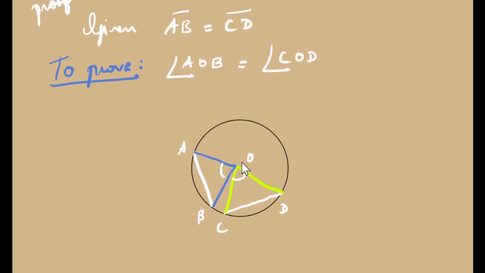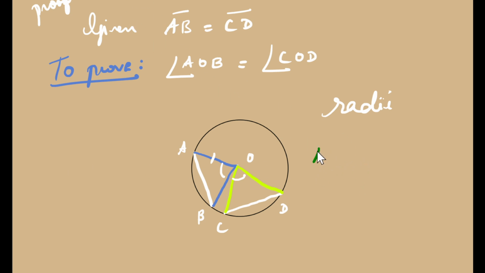Already we see that OA and OB, and of course even OC and OD, are radii of the same circle. So all of them are equal in length. So let us use this property. So we have two triangles. Let me write down the two triangles.